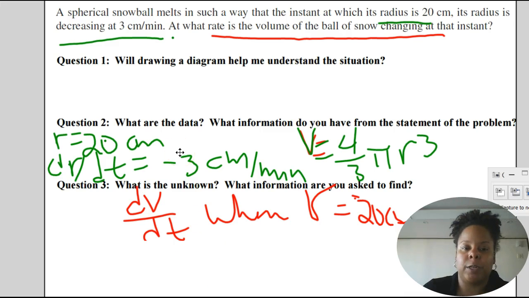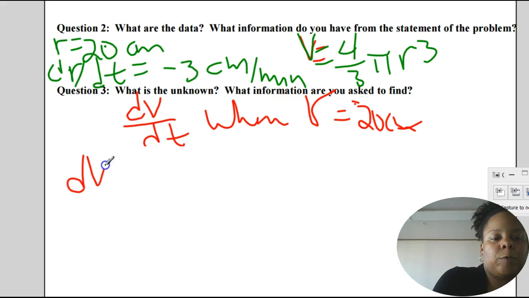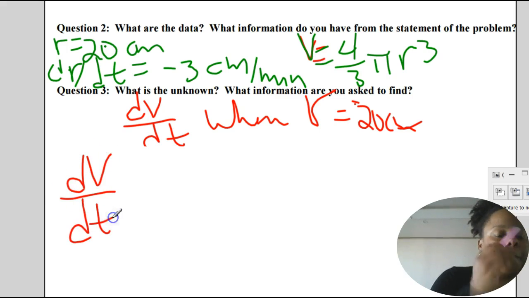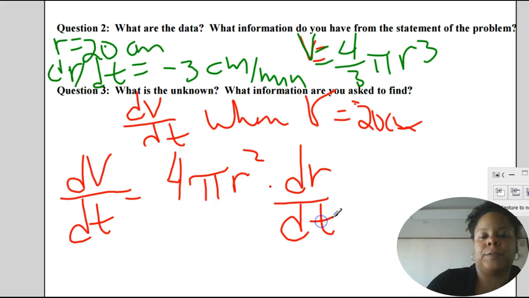Unfortunately, like the previous problem, we don't know what's going on with the radius at other times. We only know what's going on with the radius when the radius is equal to 20 centimeters. So I'm going to take the derivative of this function. Okay, this video is a little bit longer than I planned, sorry. I know that the derivative of volume with respect to time can be found using the chain rule, which is 4 pi r squared times dr/dt.